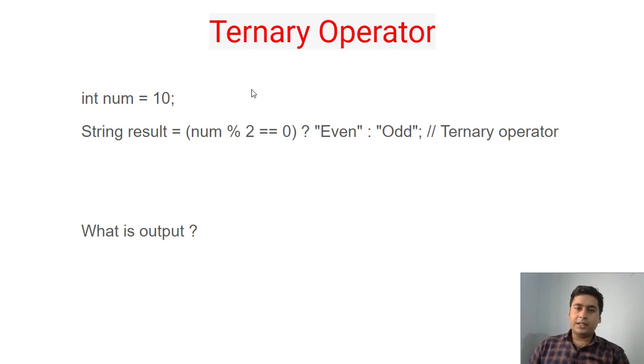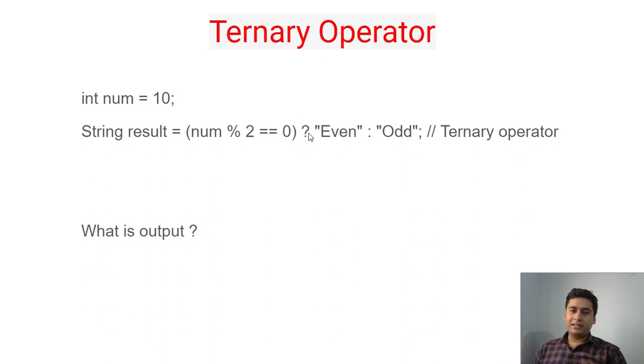This is the ternary operator, int num equal to 10. Please tell me the output. This is an assignment for you, to consider what the output is. This is basically called the ternary operator. For example, a string result equal to num modulo 2 equal to 0. This is the condition.